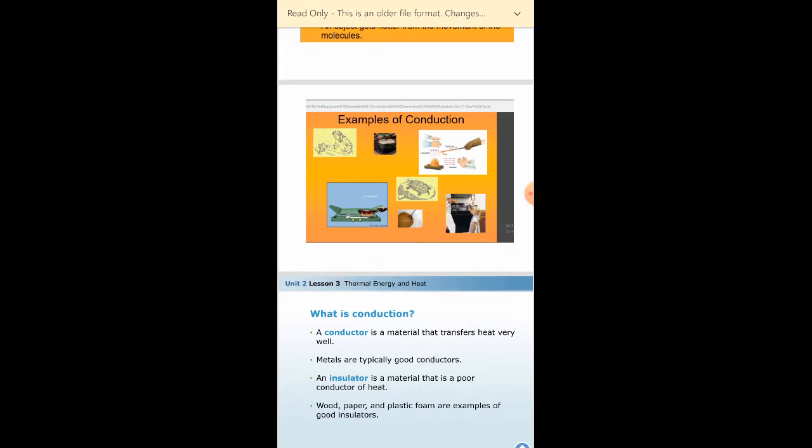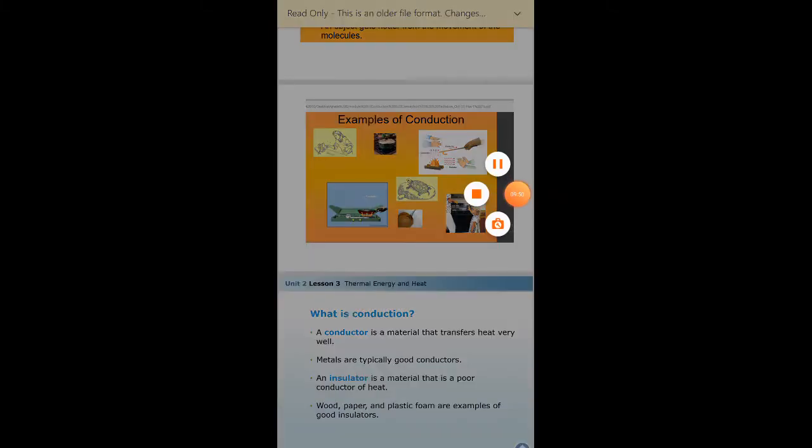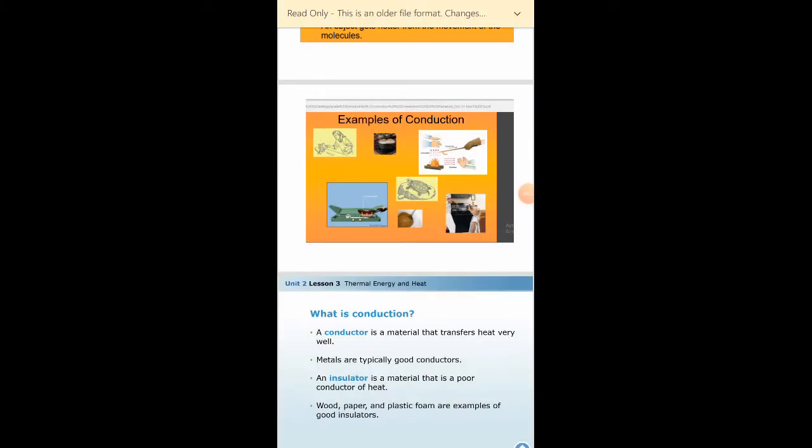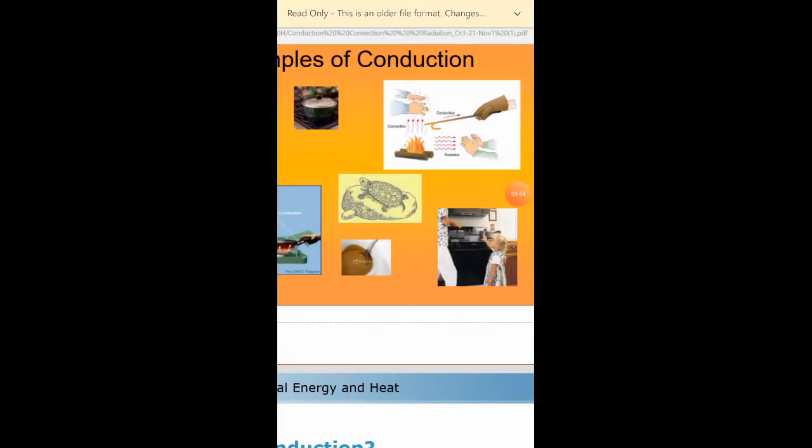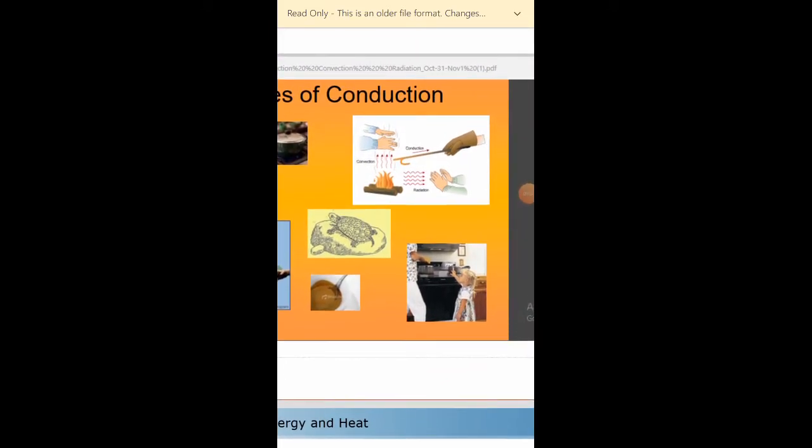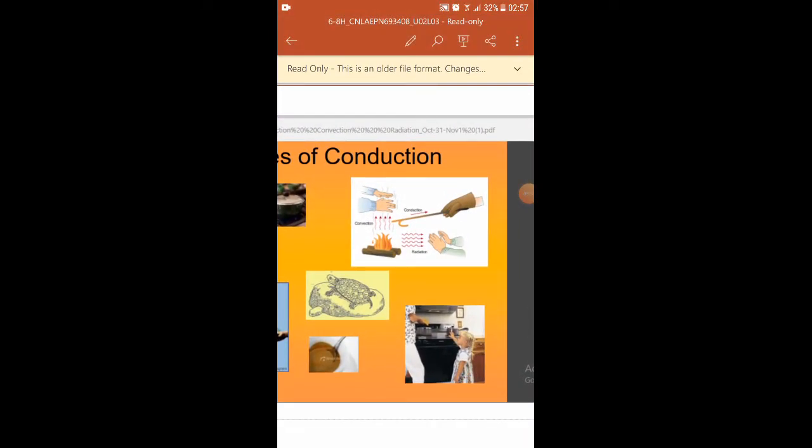Here are some examples of direct contact, or conduction. This picture shows the three ways of transfer of energy.